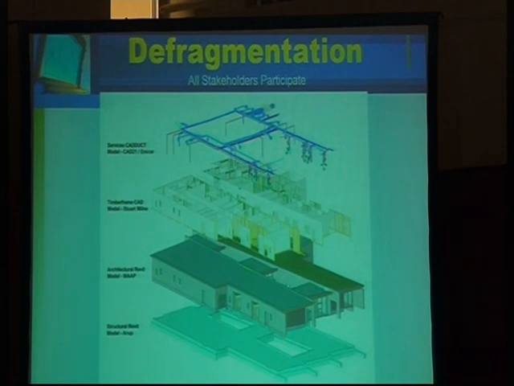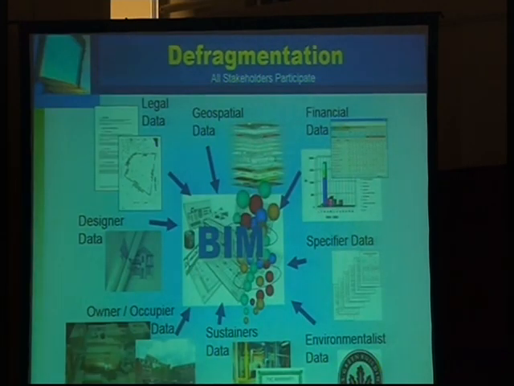And then you see the mechanical and electrical components being brought together, and here you also see the main goal: to bring in all other participants or stakeholders. For instance, legal data can be brought in through spatial GIS, and also financial data, payroll, and related aspects.